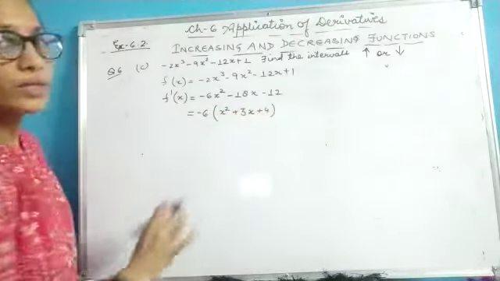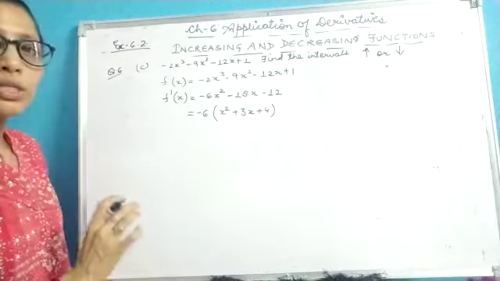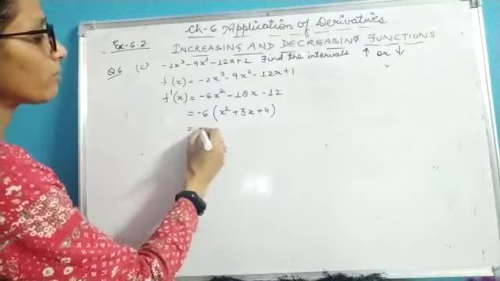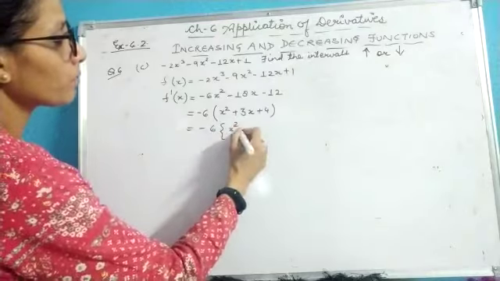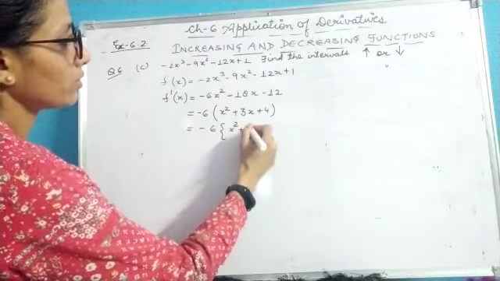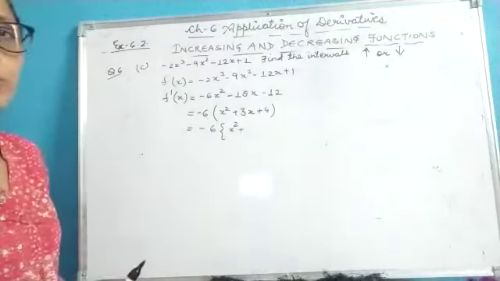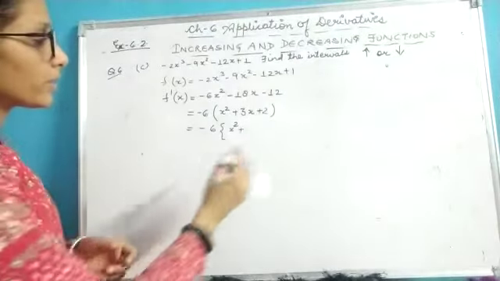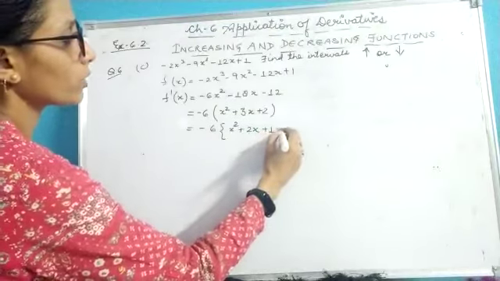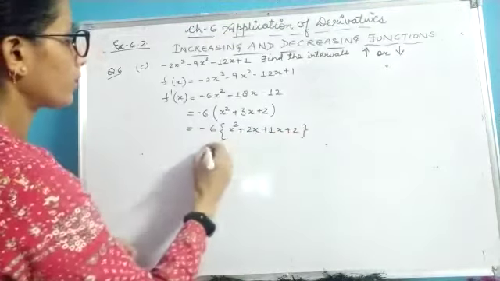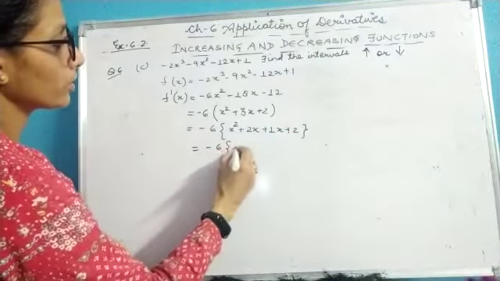Now this is a quadratic equation. I will find out the critical points over here by factorizing it. This will give me x square plus 2x plus 1x plus 2, and then I can take out x common from here.